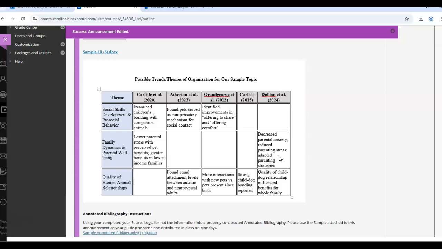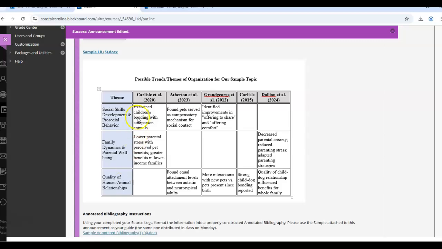So this is what your matrix table does for you. It is a visual representation of the themes that are being examined in your articles. So what do you use this for? These themes then become the organizational categories of your paper.